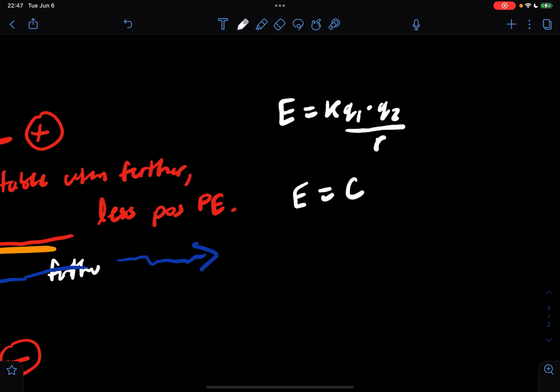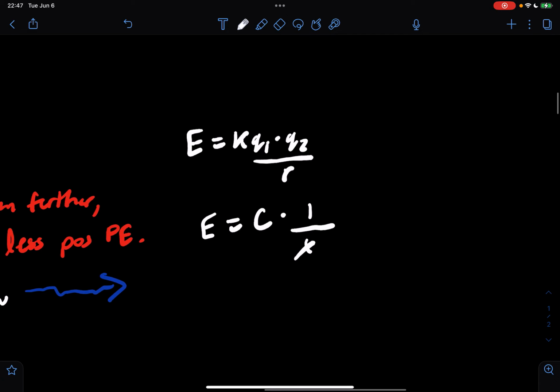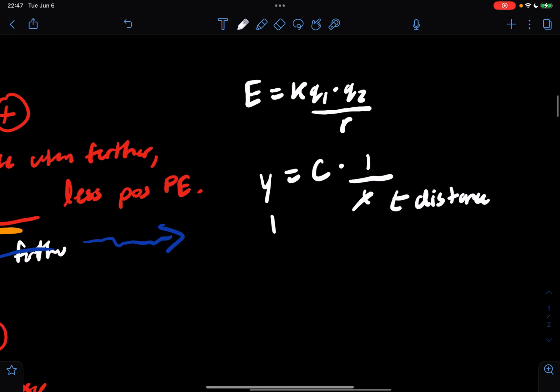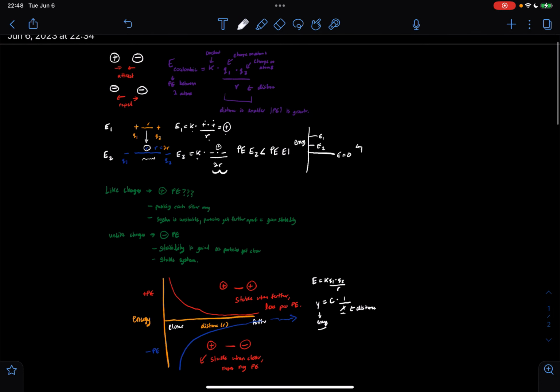So think of it as energy is equal to the Coulomb constant multiplied by 1 over x. So x is just the distance, and then this is our variable y, which is just the energy. And this is the constant. So hopefully you can see that inverse relationship between distance and energy from this graph. All right, thank you for listening.